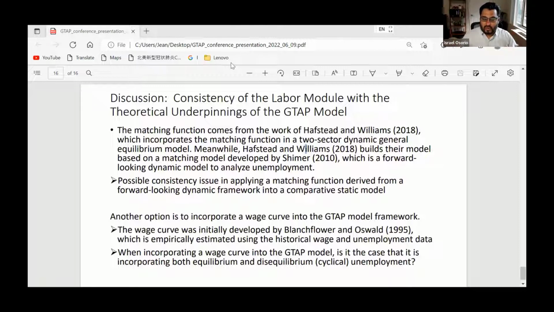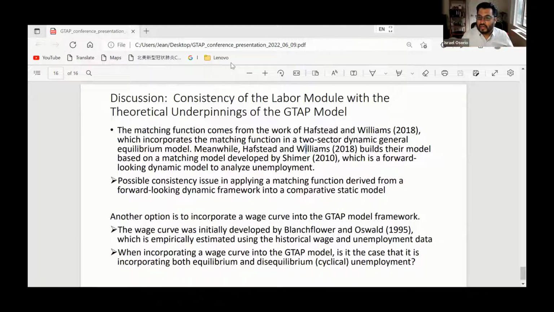I was just thinking in your model, if you can elaborate a little bit on, I got the point of you have different elasticities of substitution between the matching workers and those that are, let's say, incumbent, no? But how is the movement across sectors working?